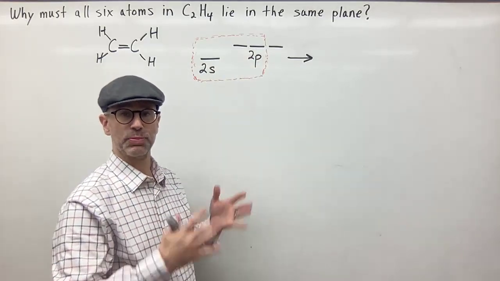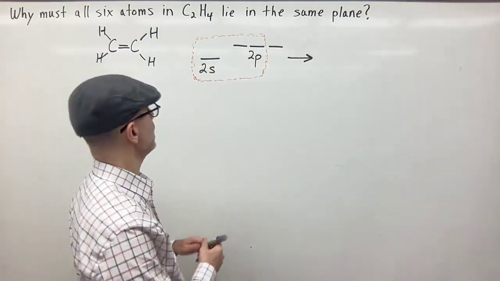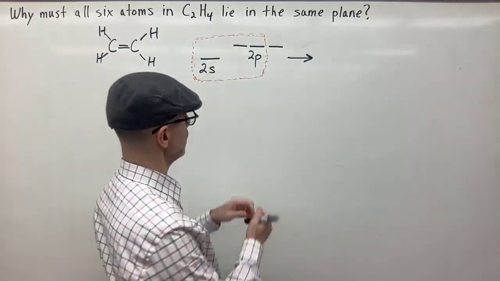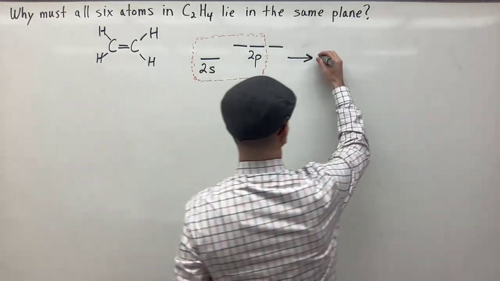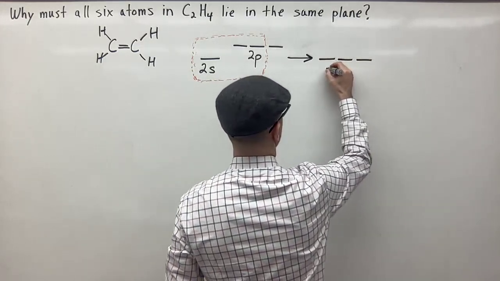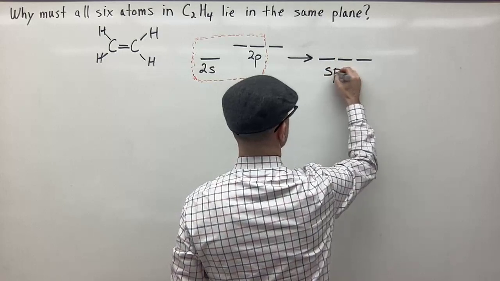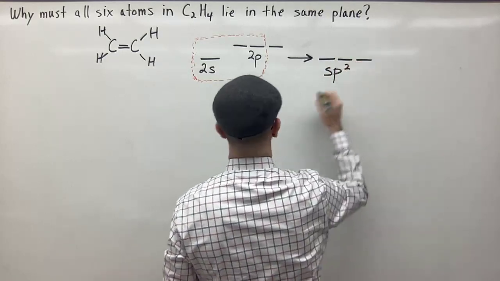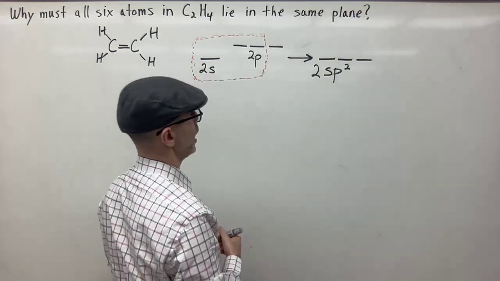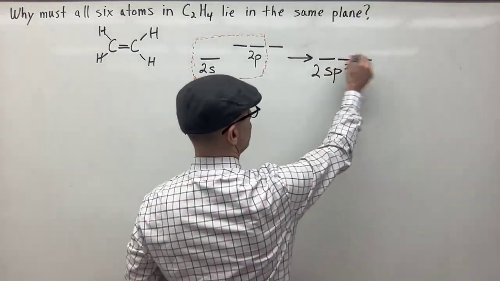So we call them sp2 hybridized orbitals. They're going to be equal energy, somewhere between the s and the p. So we'll have 1, 2, 3 sp2 hybridized orbitals, all equal energy.